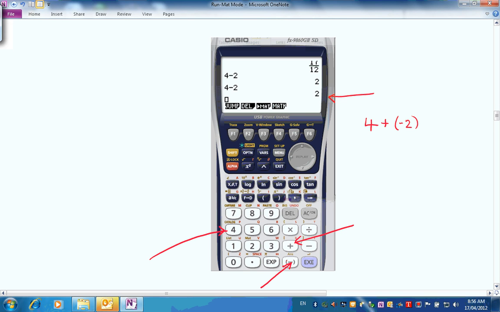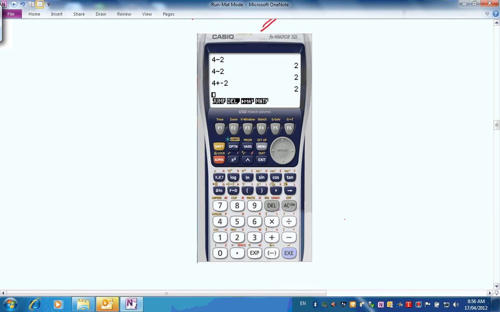This little bracket around the negative means the negative number 2. So we're adding on 4 plus the negative of 2, which is this bracketed key down here. So I want you to do that now and hit execute, and we see now 4 plus the negative 2 is 2, which is correct.